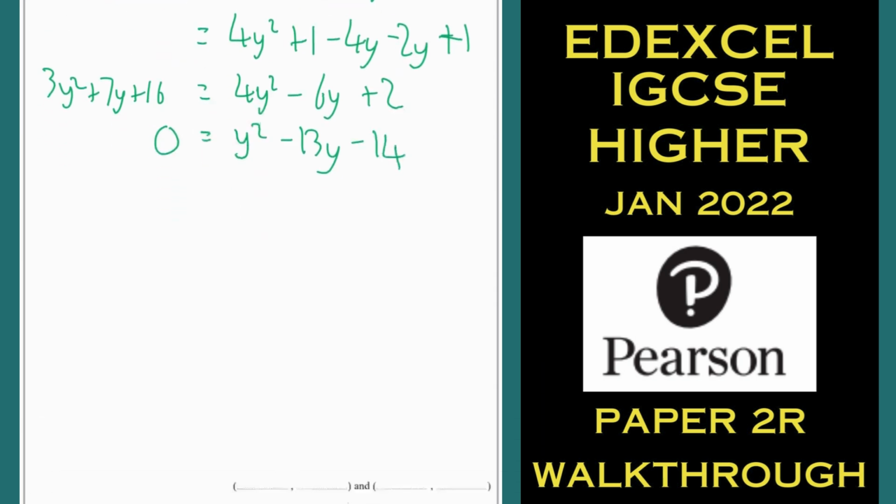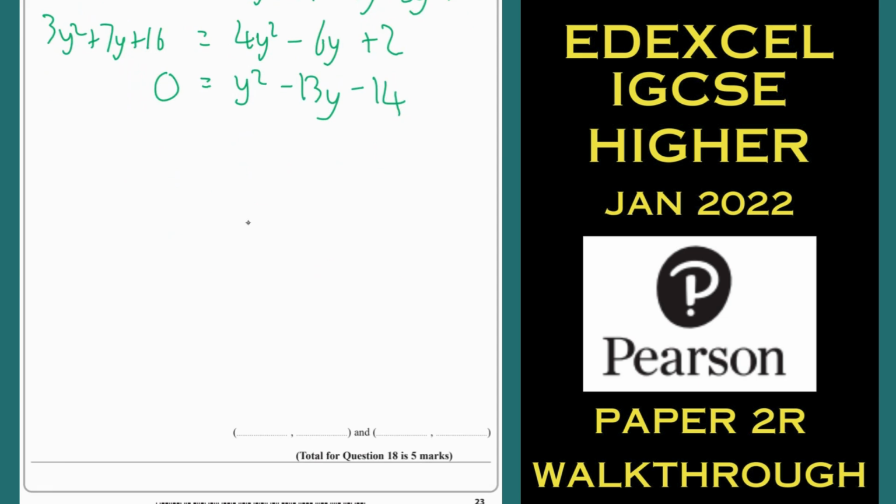Gives us a quadratic, which is nice, because it factorises. We get y minus 14 and y plus 1. So our two answers for y's are 14 and minus 1.